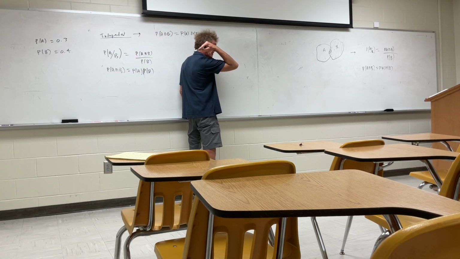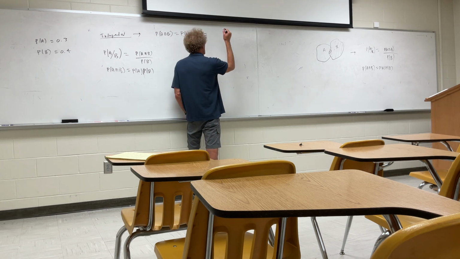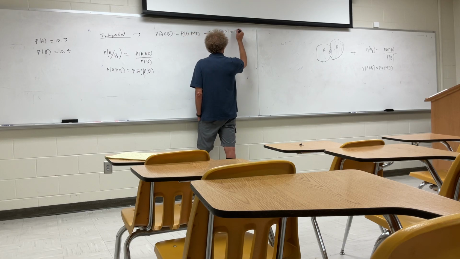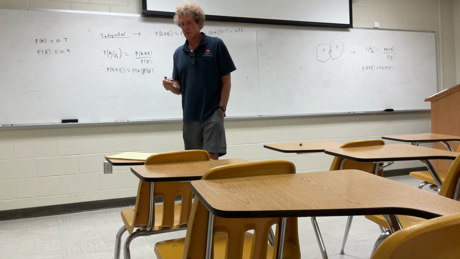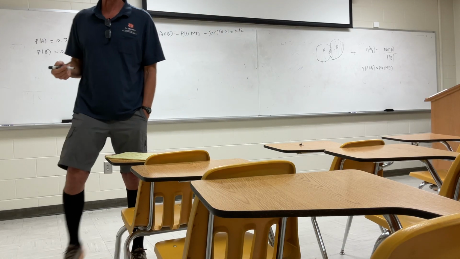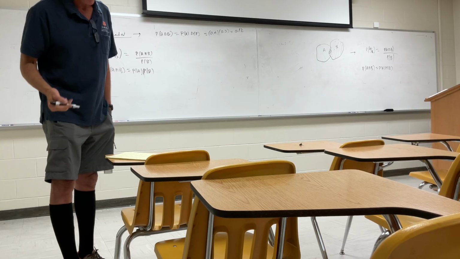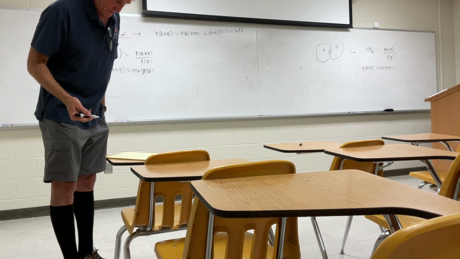Can you all read what I wrote? What is it? 0.4 times 0.3, or 0.12. With me? I want to keep going on this one because I can see the possibility of mistakes being made if you're not aware of what you're doing.